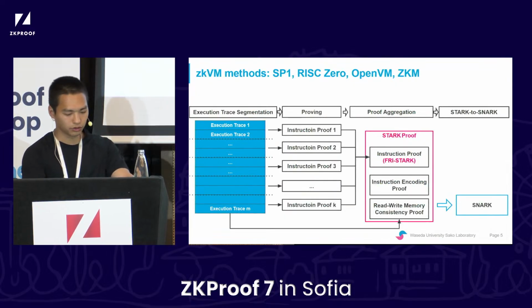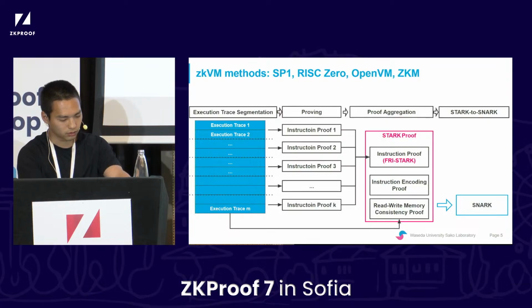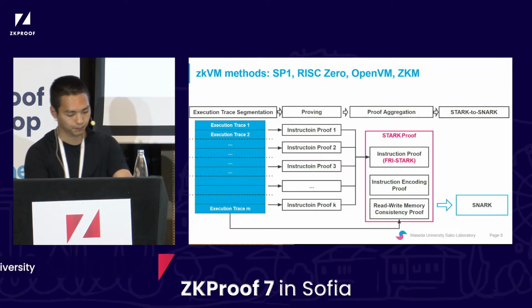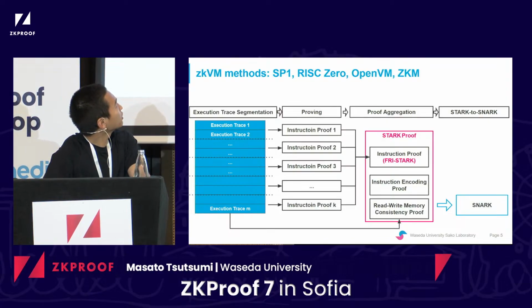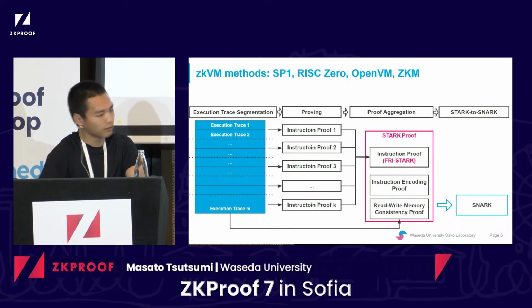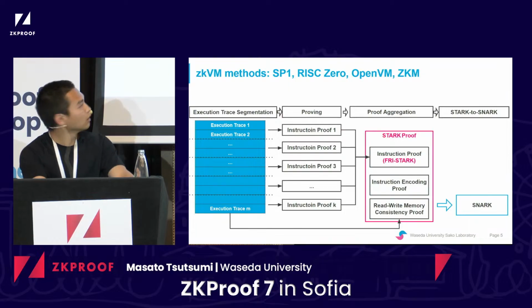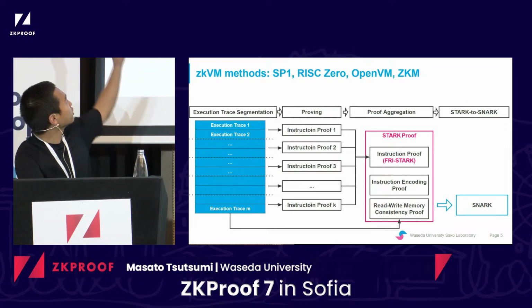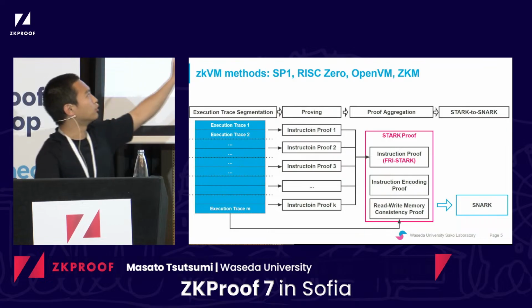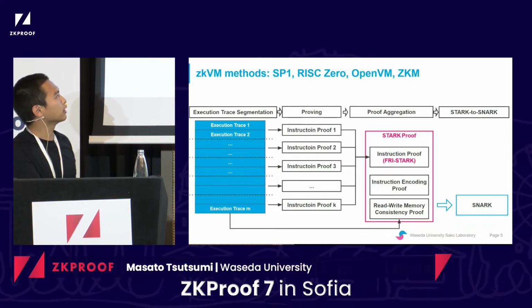So let me briefly introduce some zkVM implementations. RISC-0, SP1, and OpenVM zkVMs adopt similar approaches. Proof generation involves 4 steps: execution trace segmentation, proving, proof aggregation, and STARK to SNARK.